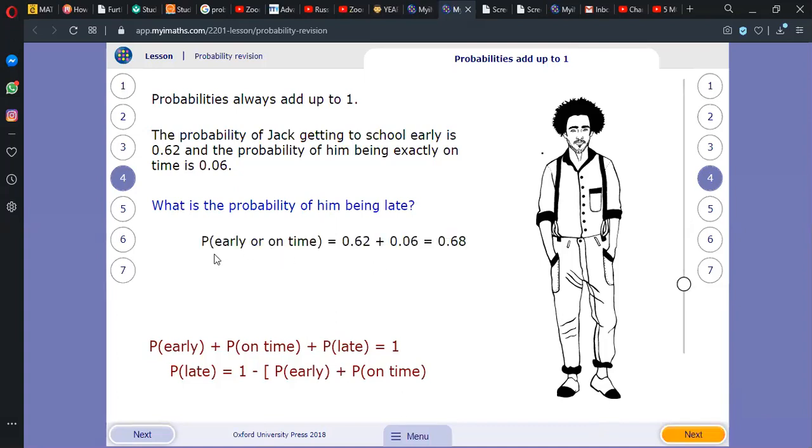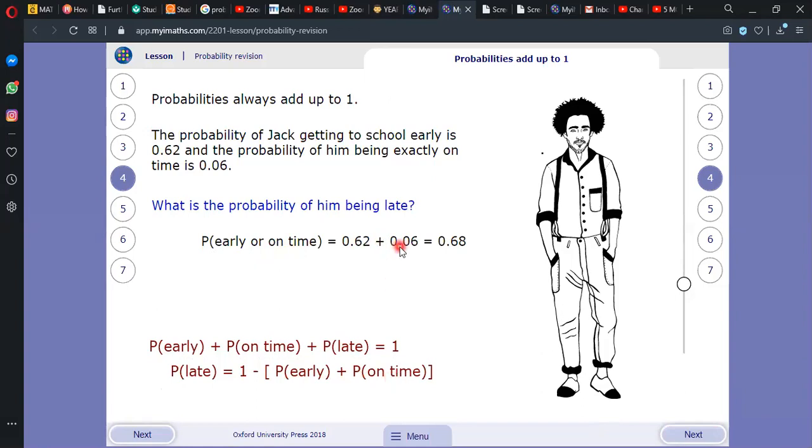As you can see, probability of early or on time over here. I need to put a closure for this bracket. So we see it now that it is probability early plus probability on time.